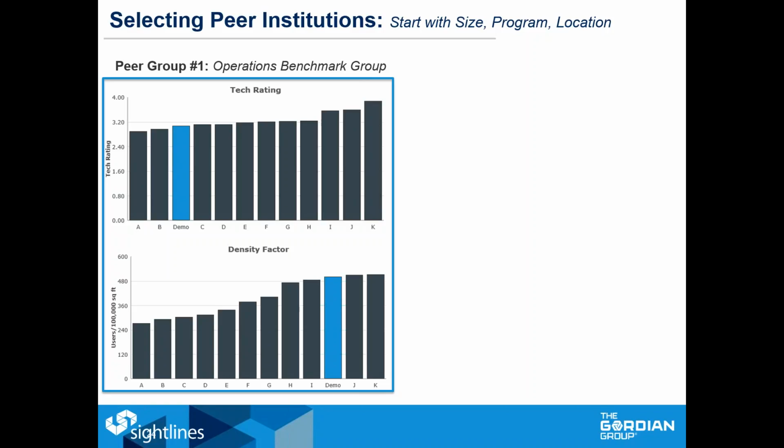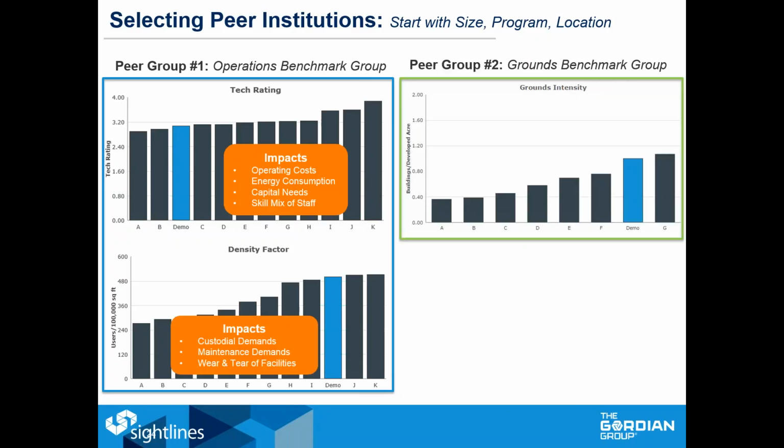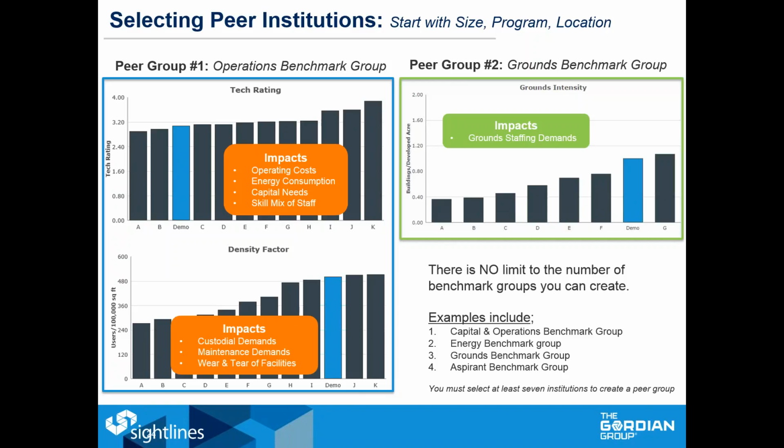You want to know that there's about the same mix of number of students to number of square feet. We also want to look at what we're calling grounds intensity, and that goes to scale. Am I a campus of few very large buildings versus a campus of hundreds of smaller standalone spaces? That affects maintenance, and we want to make sure that we're developing an appropriate comparative comp group when we start the exercise.